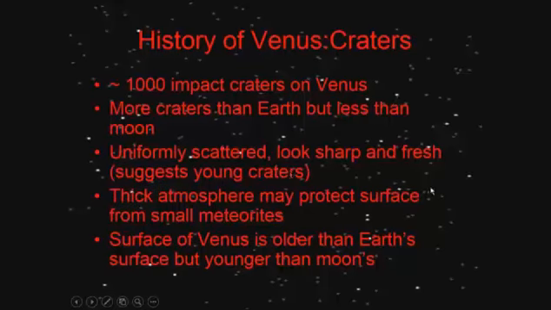So it says that we're looking at relatively young craters that exist there now with sharp and fresh edges that haven't been weathered yet. So the thick atmosphere might protect it from small meteorites, but the larger meteorites and the lack of very large impact features would suggest that the planet has a relatively young surface. So the surface of Venus is older than the Earth's surface, but younger than the Moon's.